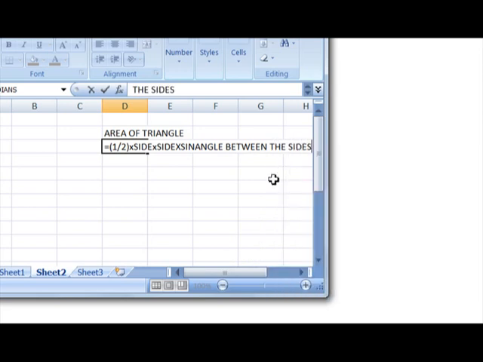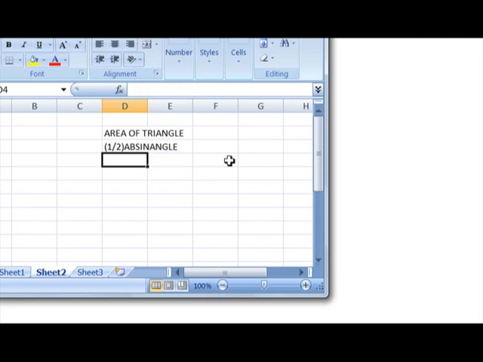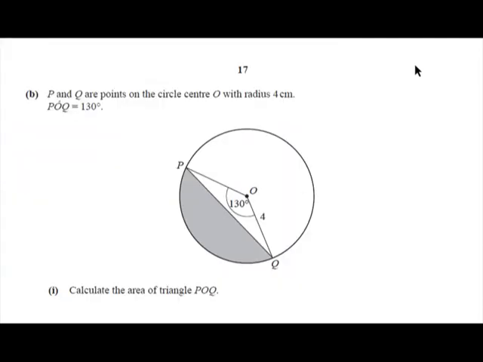You can also write it as half AB sine theta, where theta in this case is 130 degrees.